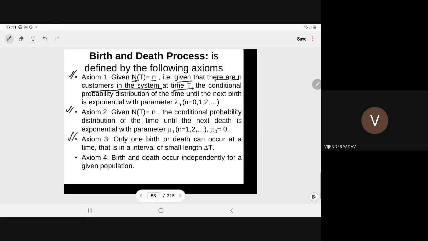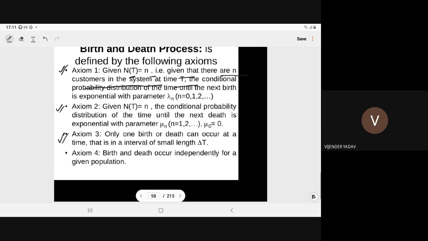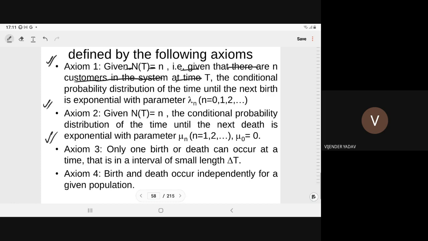Then axiom 3: only one birth or death can occur at a time, because in the Poisson process you have seen that at a time only one event can happen. The probability of occurrence of more than one event is zero. So in a small interval of time, we have either only a birth or only a death.